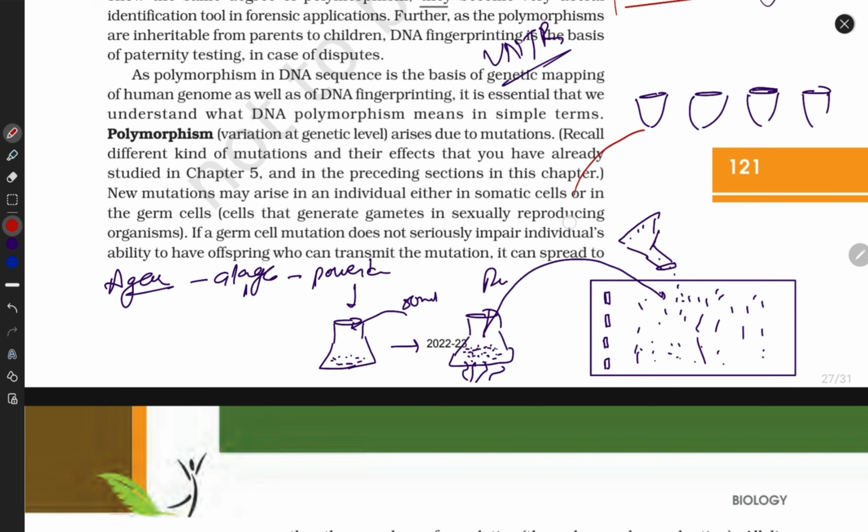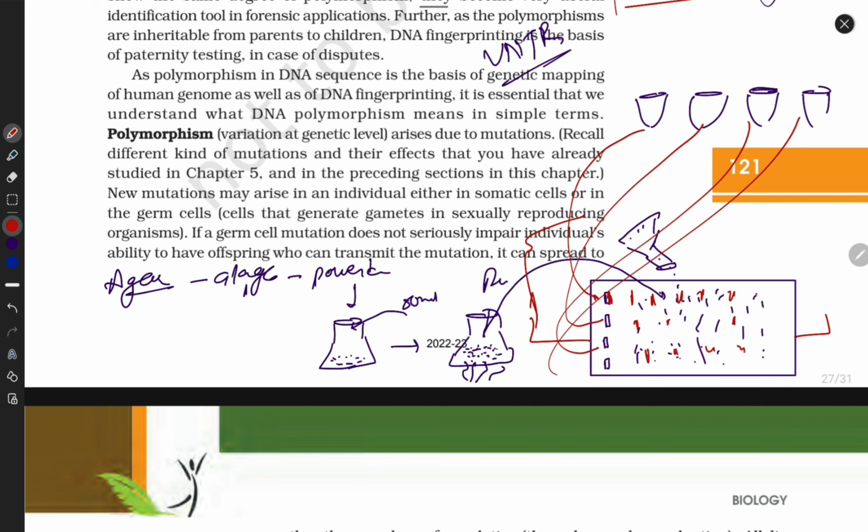Now we load the samples, connect the apparatus to the anode and connect the electricity. And here what happens? DNA will travel through the gel, and you can calculate who is the real mother of the daughter.